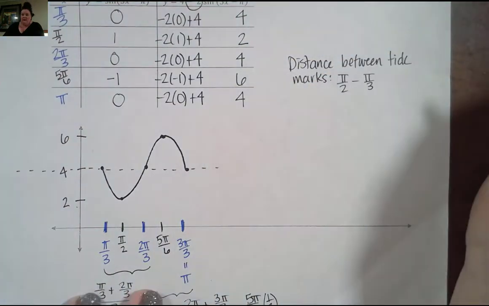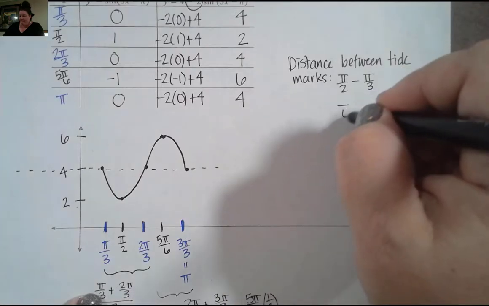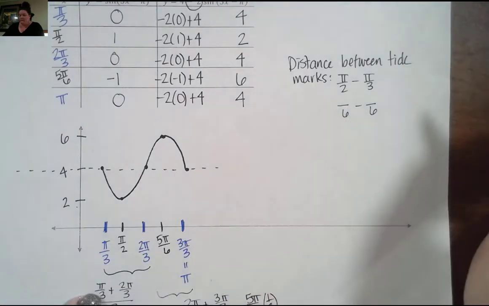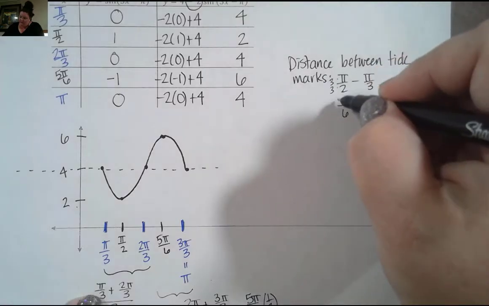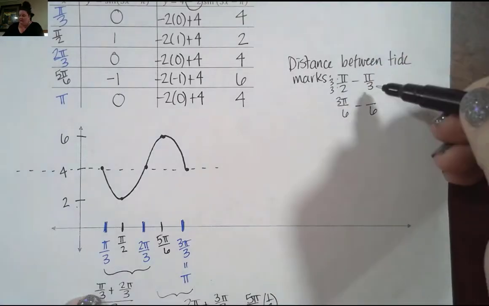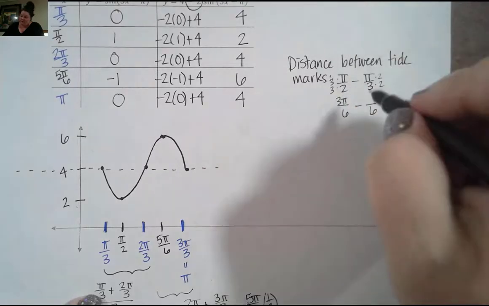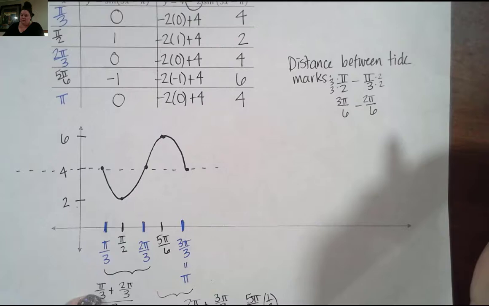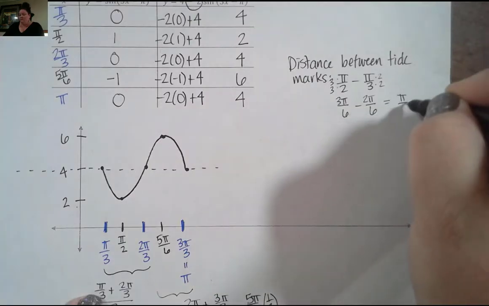Okay, now I need a common denominator, which would be 6, right? So this one I would have to multiply on top and bottom by 3, so that would give me 3 pi over 6. This one I would have to multiply on top and bottom by 2, which would give me 2 pi over 6. So 3 pi over 6 minus 2 pi over 6 is just pi over 6.